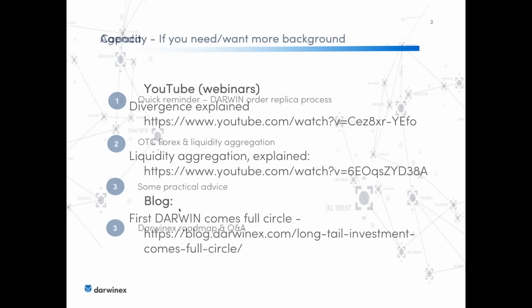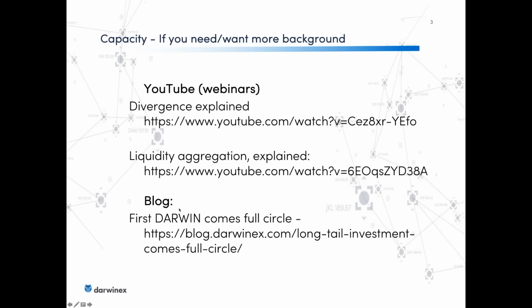Okay, so if you need or want more background on some of the topics that I'll touch upon today, I've put in these YouTube references from previous webinars that we've held. So one on explaining the divergence with this URL that you can check in our YouTube channel. Another one on liquidity aggregation, again with another URL.